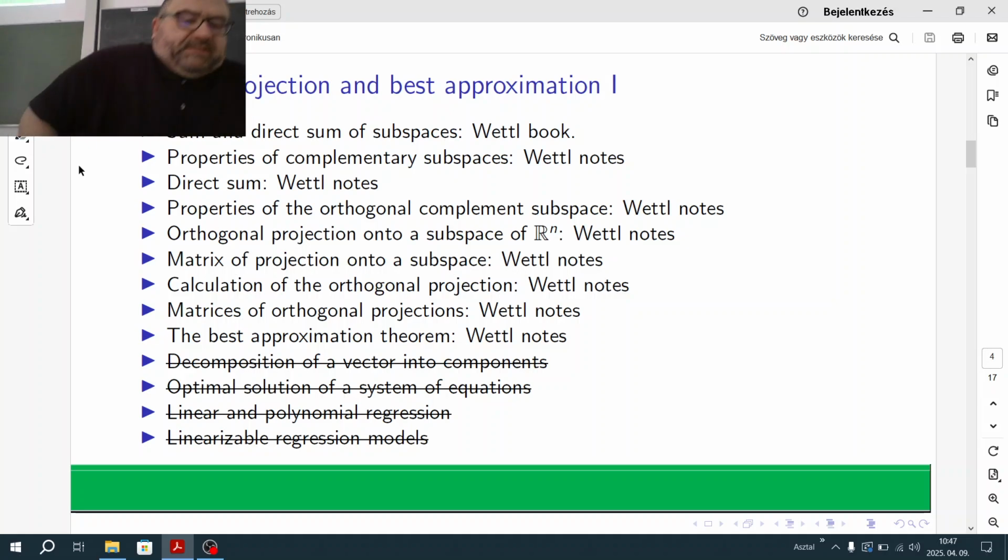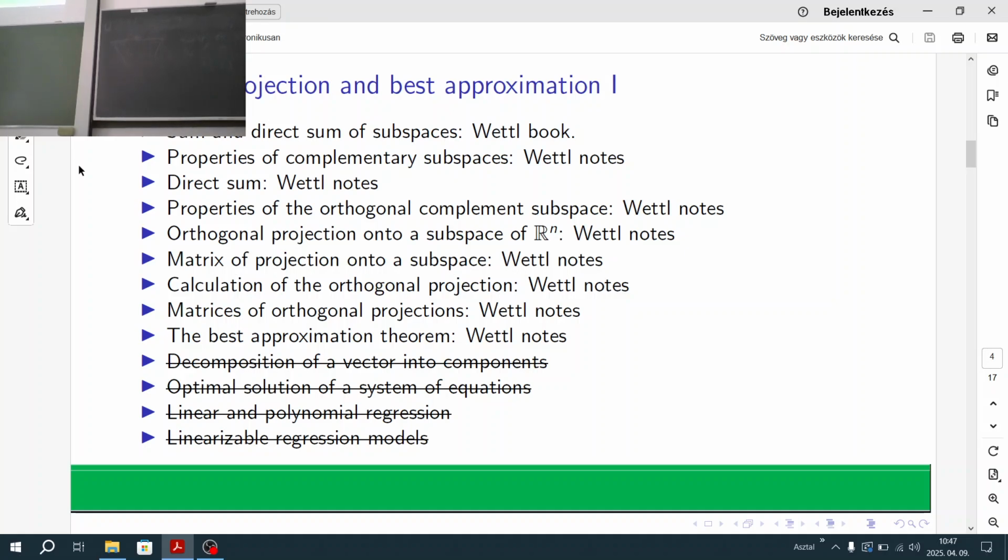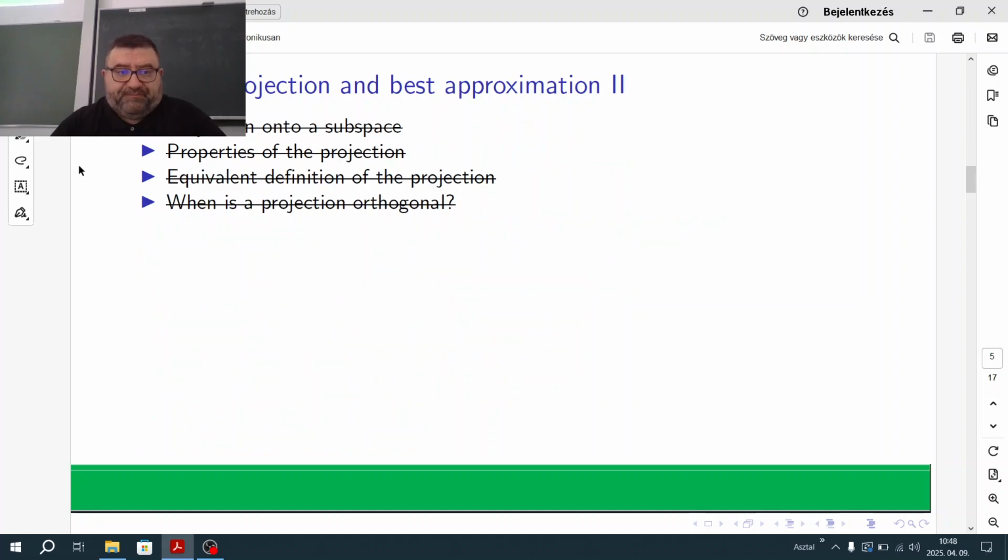There is this stuff that I will not mention at all: the decomposition of a vector into components, optimal solution for a system of equations, linear and polynomial regression, linearizable regression models, projection onto a subspace, properties of projection, equivalent definition of the projection.